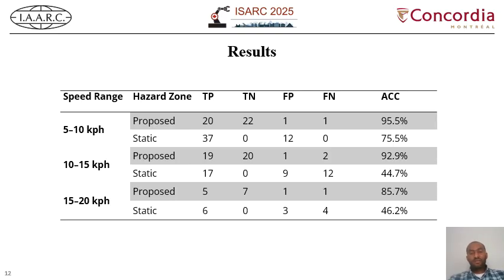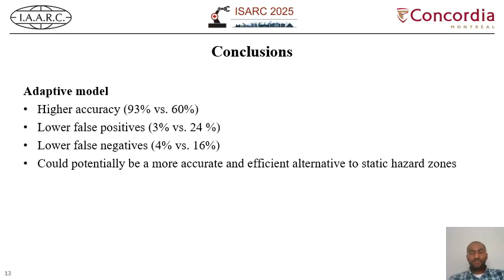In addition, it can be seen that the static hazard zone has significantly higher false positives and false negatives, especially for the medium and high speed ranges.